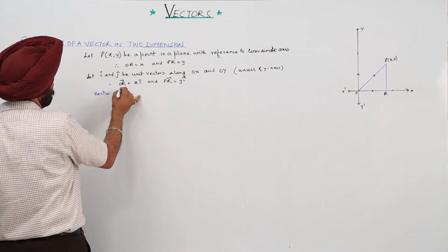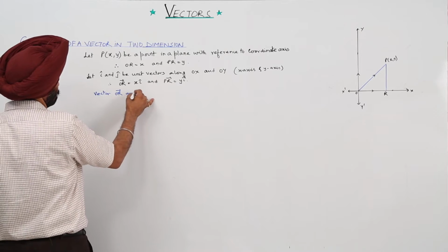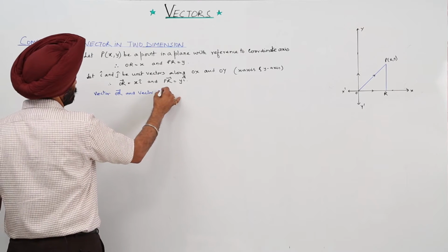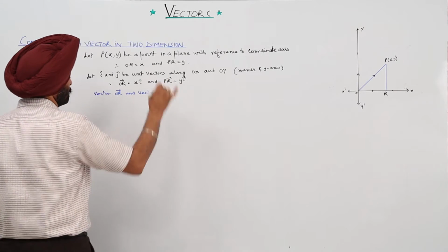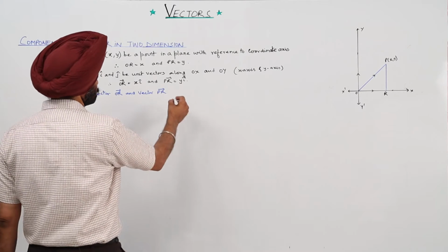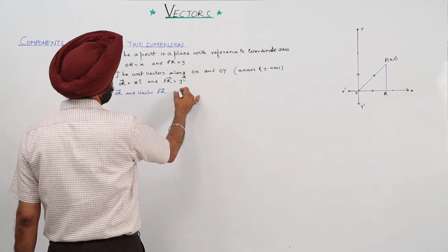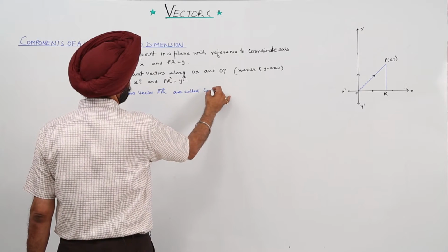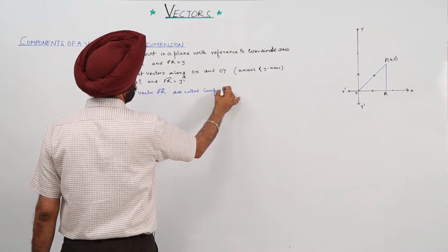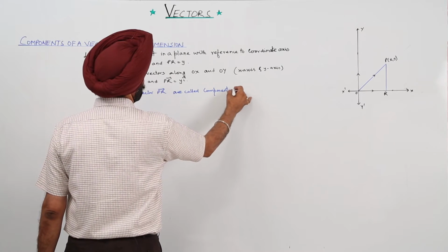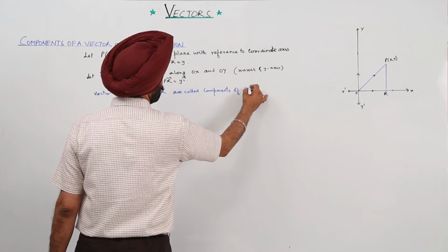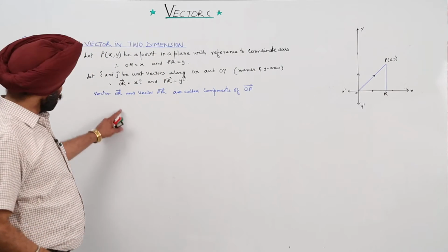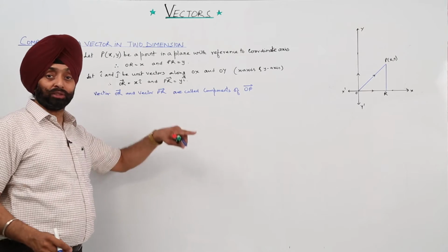Vector OR and vector PR are called components of vector OP. Is it clear?